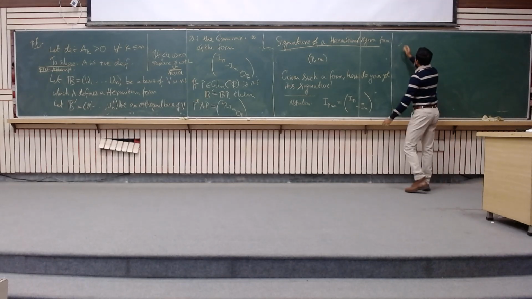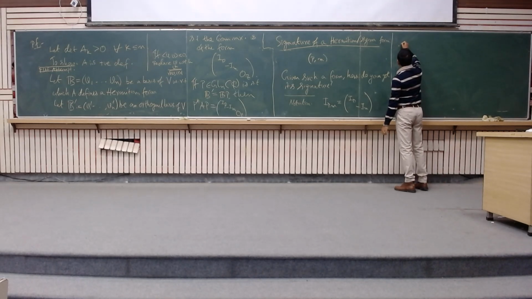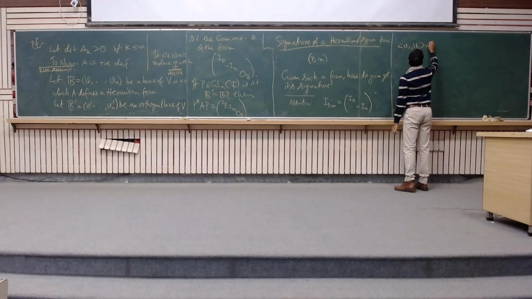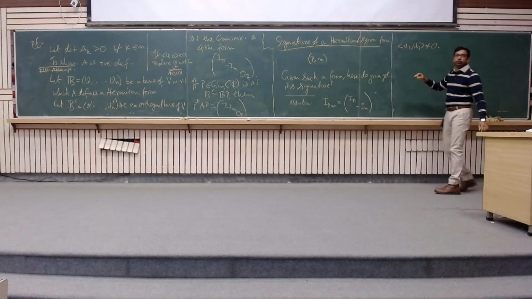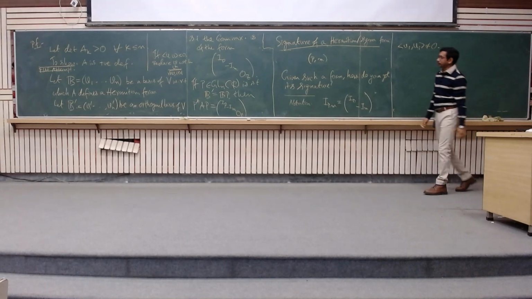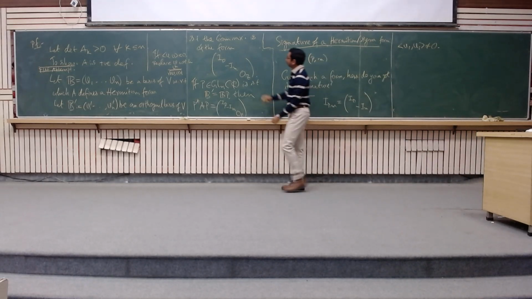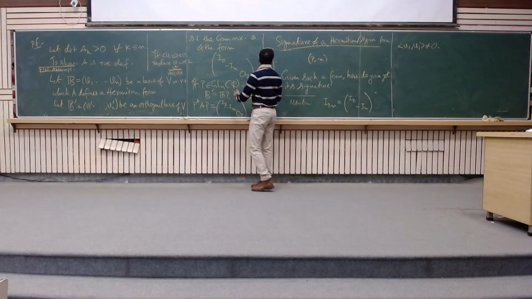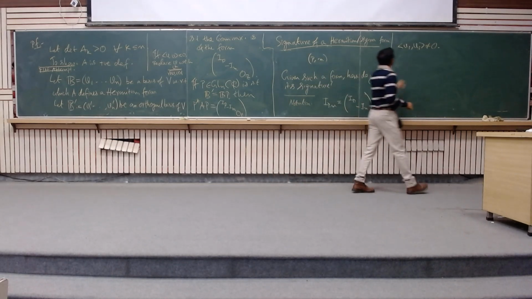The first vector for which you get vi not equal to 0, take that to be the first element of your basis.